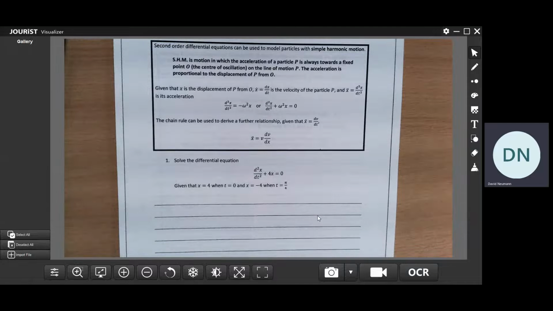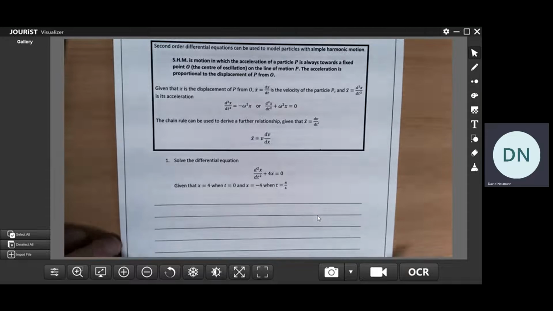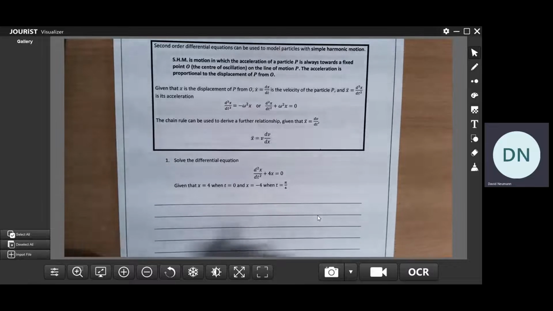Welcome to this video on simple harmonic motion, which is part of our modeling with differential equations topic.